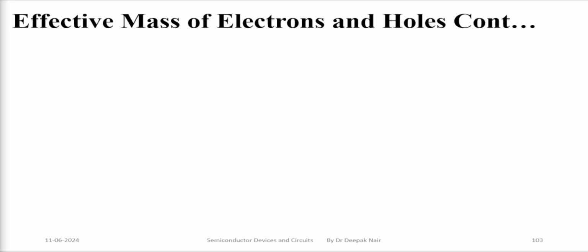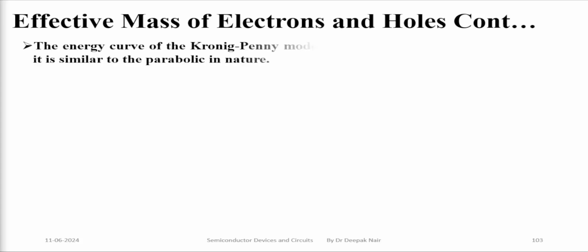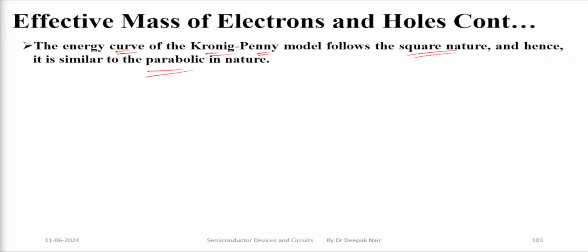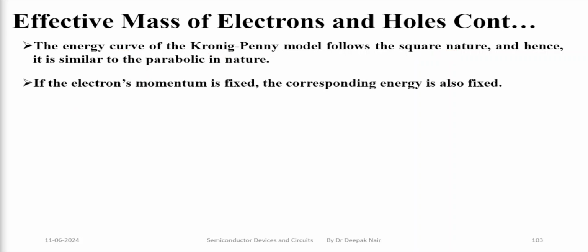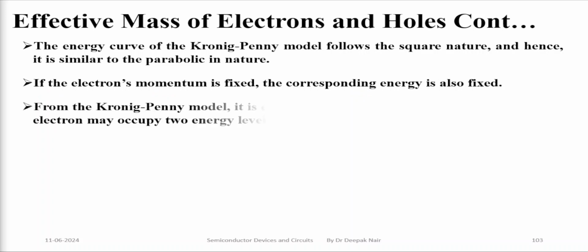From the previous slides we can conclude that the energy curve of the Kronig-Penney model follows the square nature, or parabolic nature. Second point to remember is that the electron's momentum is fixed. If the electron's momentum is fixed, then the corresponding energy is also fixed. So if the momentum is changing, the energy may also change.